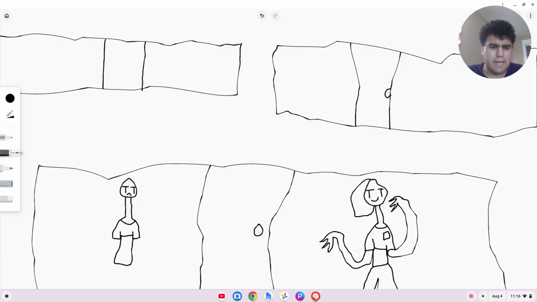On the other side, I'm going to do the same. Draw some hair. There we go. Hair right there. I'm going to draw a belly button on this guy or this girl or whatever. Can't tell apart.